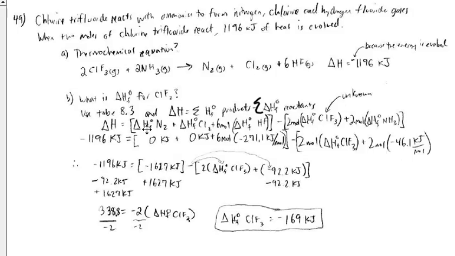All the values for the heat of formation of nitrogen, heat of formation of chlorine, and 6 times the heat of formation of hydrogen fluoride, because there's a 6 as the coefficient, and the values for the heat of formation of ammonia are available from the table. So you substitute those in, and if it's a plain element, it's 0 anyway, so they just fall out, and then you solve out, and you can actually solve and divide and find this variable right here, delta Hf naught of ClF3.